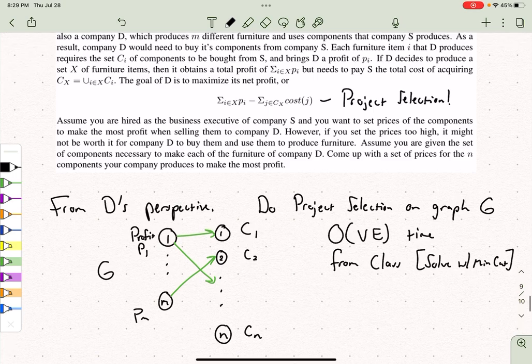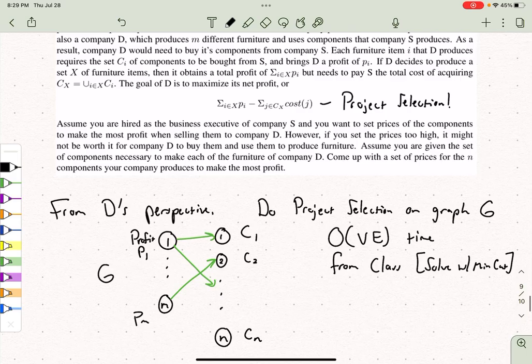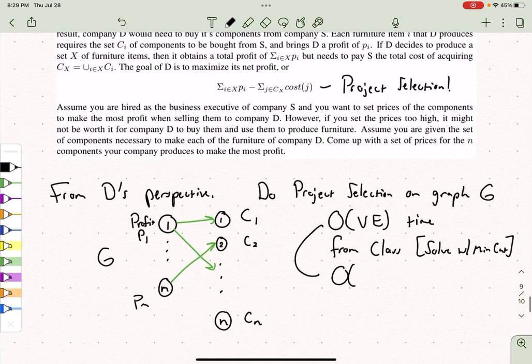So cool, from D's perspective, we can solve this problem efficiently, and in particular, this O of V times E is going to be something like O of the number of vertices, which is N plus M, and then you might have all possible edges, so this is like N plus M times N times M. So that's your running time in terms of the original inputs.